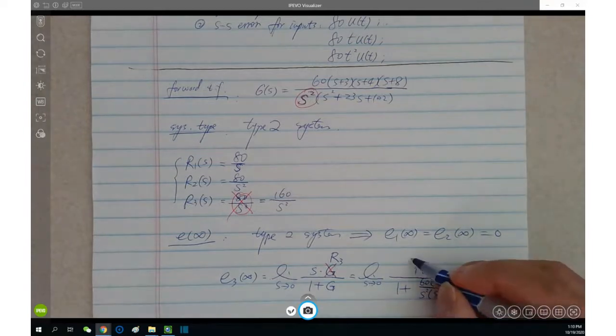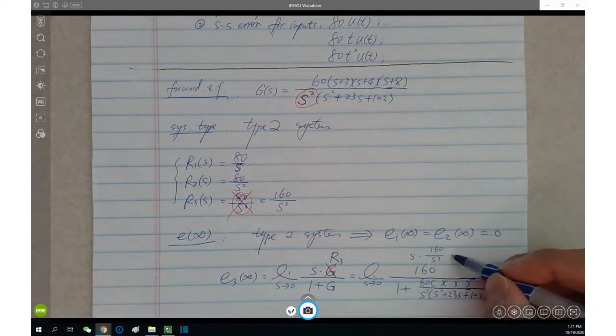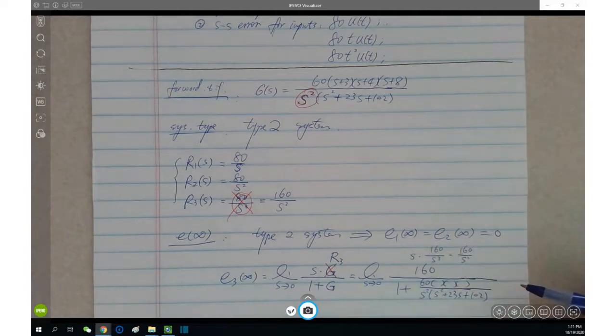Because here is s times 180 divided by 1. This guy then equals 160 over s squared, right? And then what you want to do is multiply this s squared into the denominator.